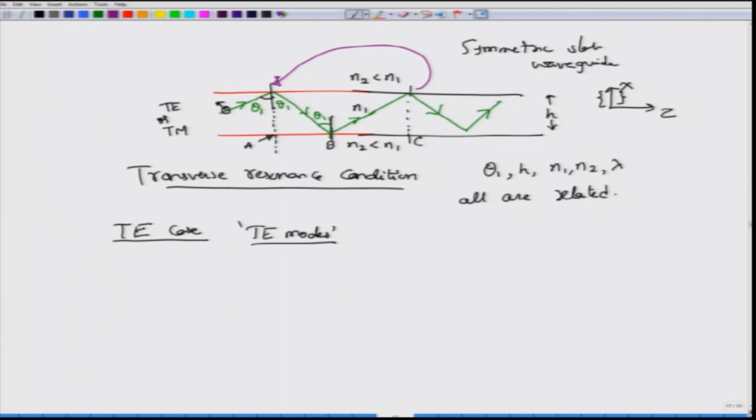Conventionally, this is taken to be the z direction and this is the x direction for the slab waveguide. So, this transverse resonant condition is the condition on the total phase shift along the x direction.